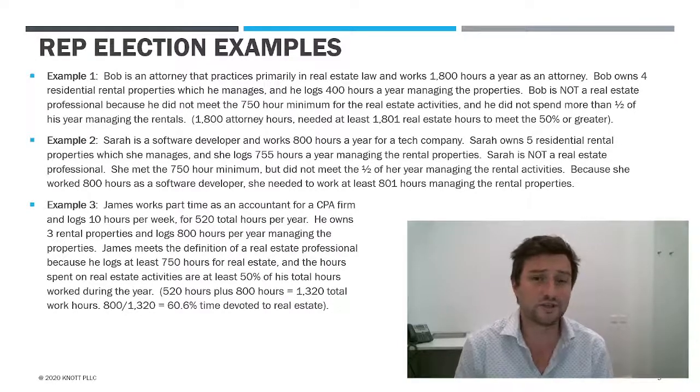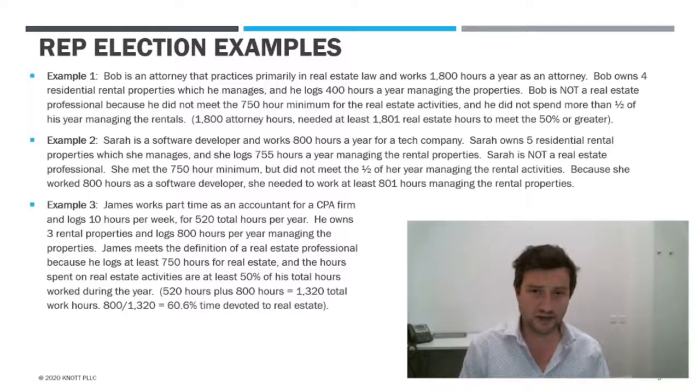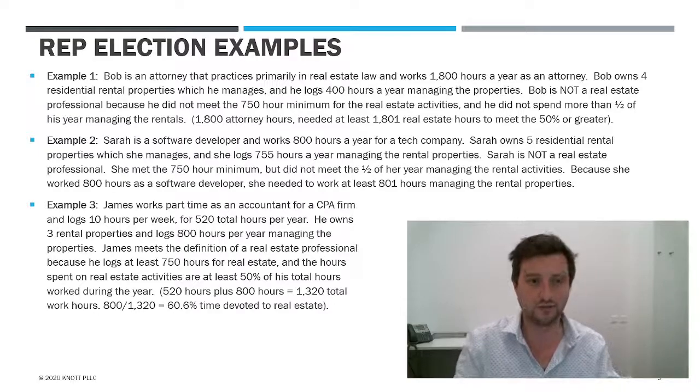And a lot of them are slam dunks. The IRS definitely takes the low-hanging fruit. If they can look at your return and see you have a salary, your line 1 wages are from a completely unrelated job, they're going to know that you're not going to meet this, right? Like examples 1 and 2.